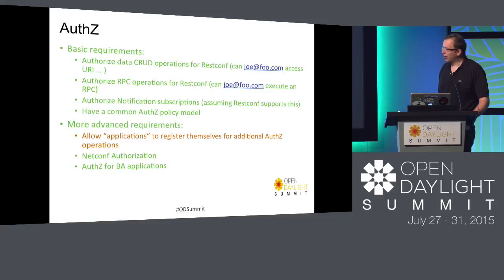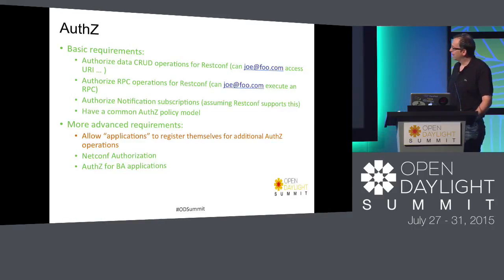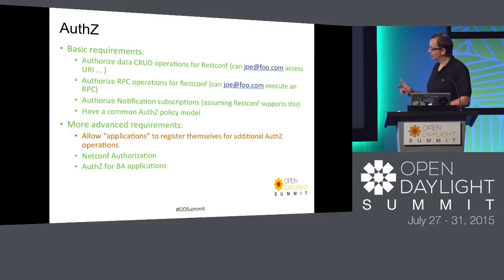And we want a common authorization policy model for the system. And by the way, since we were talking about clustering, the data store for these policies, of course, needs to be also cluster capable.